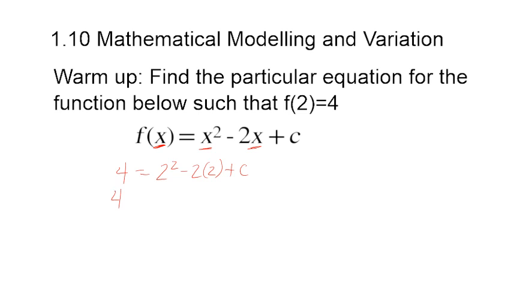So 4 must be equal to 4 minus 4 plus c, which means that 4 must equal c. So my particular equation would be f of x is equal to x squared minus 2x plus 4.